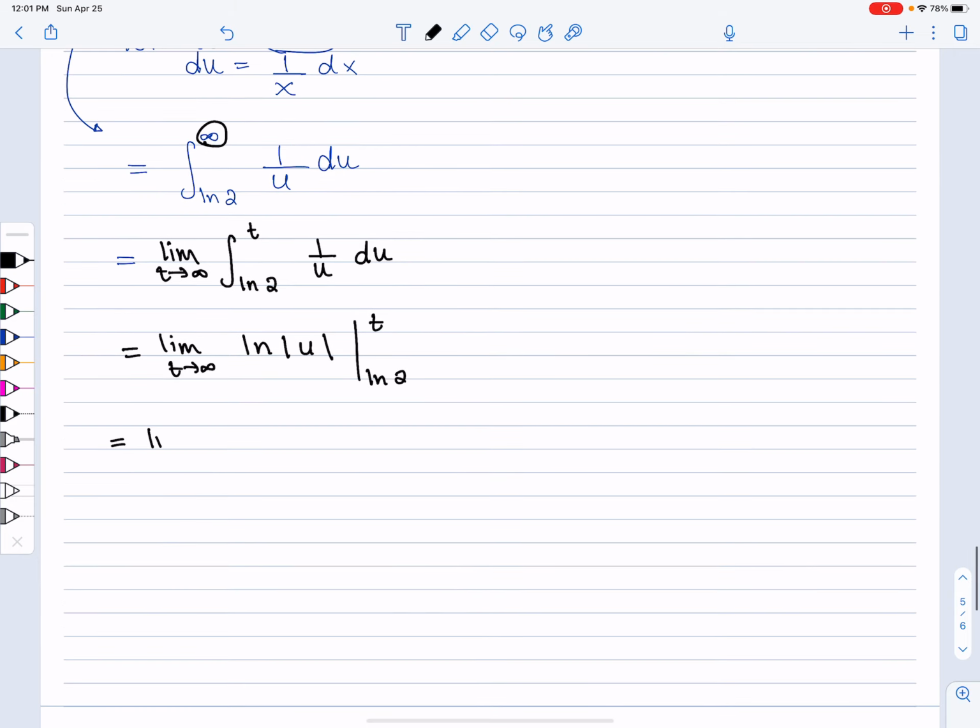Which is the limit as t approaches infinity of the natural log of t minus the natural log of ln of 2.